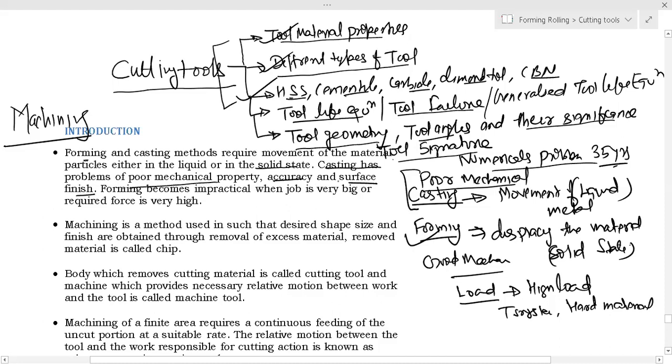Accuracy is again a problem because solidification is there, and distortion is there, right? Then surface finish: it comes in contact with the sand, so generally surfaces are rough. Forming becomes impractical when the job is very big or the required force is very high. When the job is very big, it is very difficult, right? Now you have to apply a lot of force.